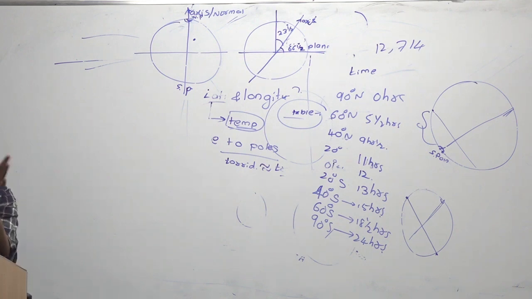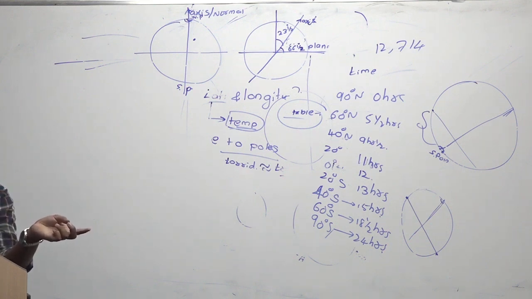Okay? So in simple terms, from this, the sun will not be overhead beyond the tropics. Beyond the tropics, the sun will not be overhead.